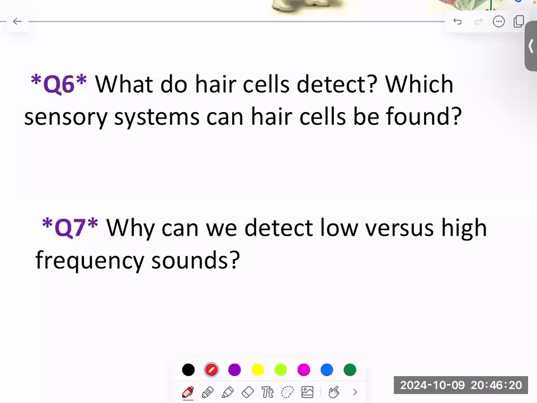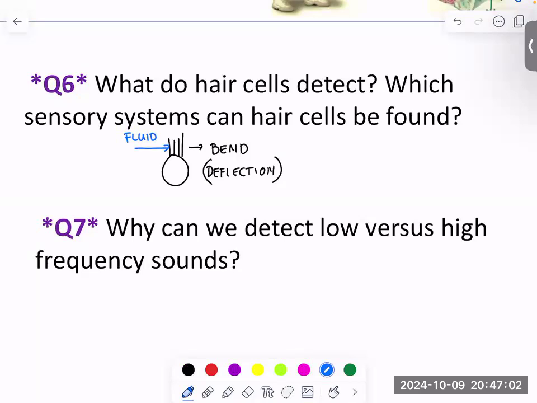What do hair cells detect? This is a trick question, believe it or not. How do they detect the movement of fluid? They detect how much the hairs are bent. This is called deflection. They measure deflection, which, yes, will be moved based on the fluids that surround it, whether it's a gel, whether it's in the cochlea, right?